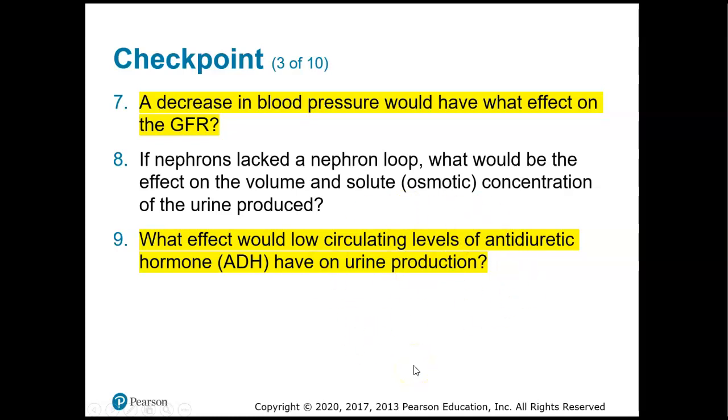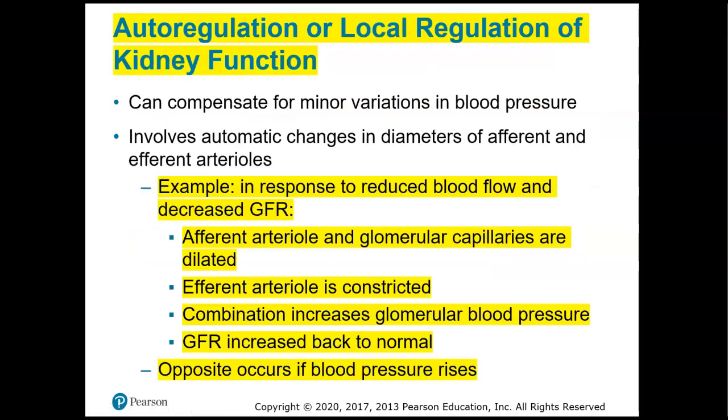So if you don't have much of it, you're going to tend to not retain fluids, so it would have the opposite effect. It's going to be a larger volume of dilute urine. Low levels of ADH would be consistent with a larger volume of dilute urine.